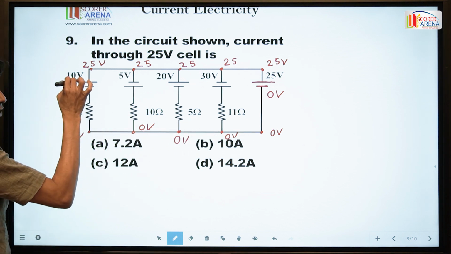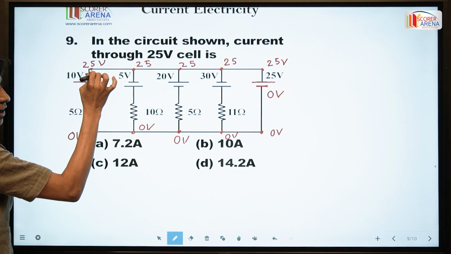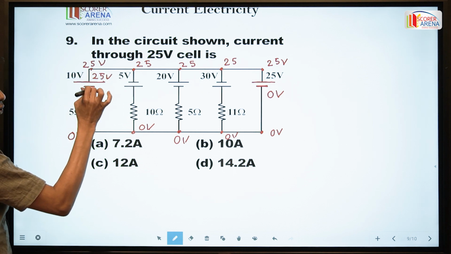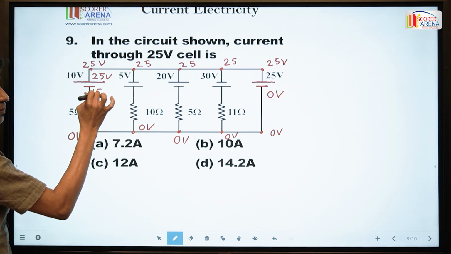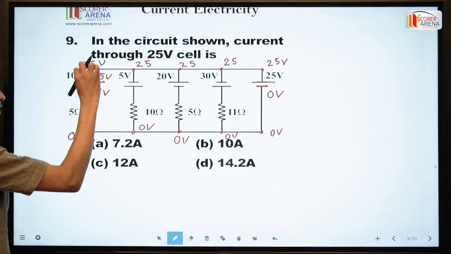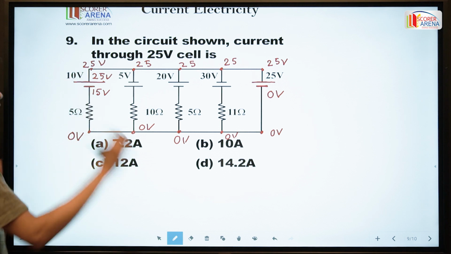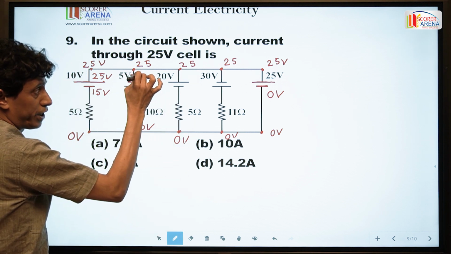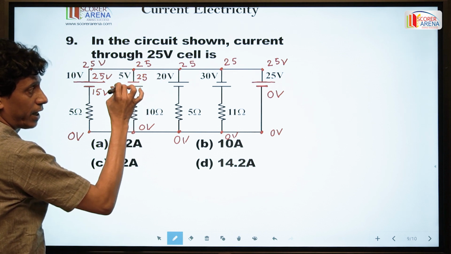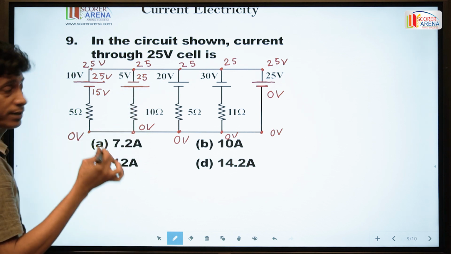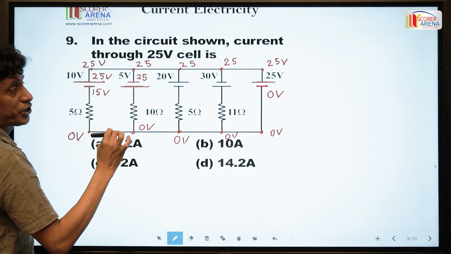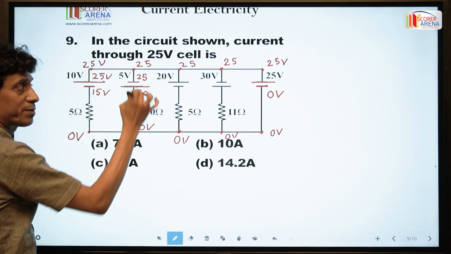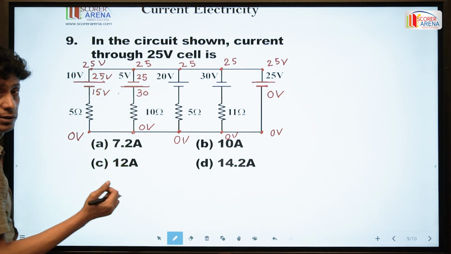Here the potential of this plate is 25 volt and the potential of the lower plate should be 15 volt because the potential difference is 10 volt. With the potential of the plate 25, the higher potential plate should have 30 volt, because the potential difference between these two plates is 5 volt, given in the problem.